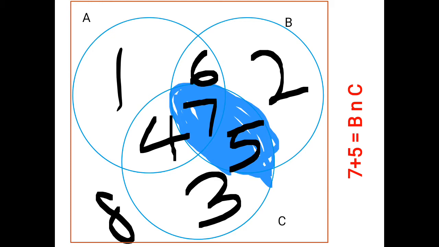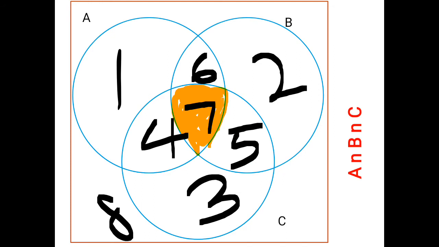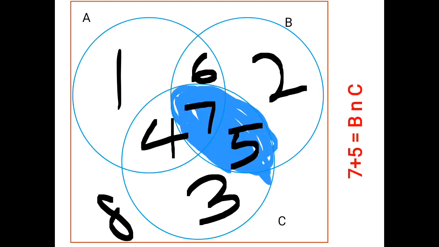Because my region 7 is found in all three circles. So why is A not included? If I say B intersection C intersection A, or A intersection B intersection C, then that is going to mean my intersection of all, which is this one. But over here, we have added region 5 to it.